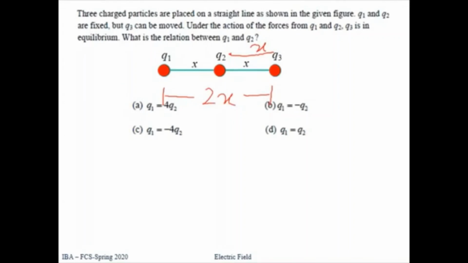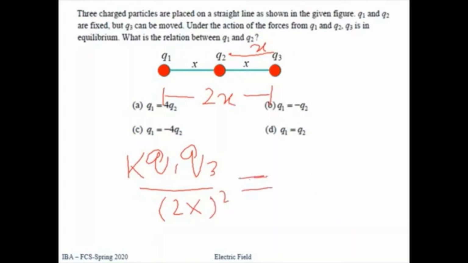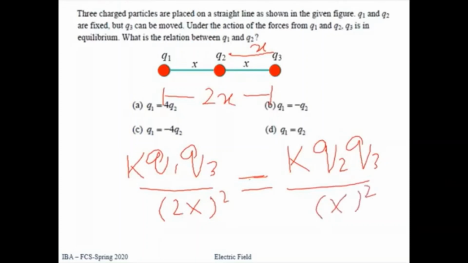So let me write the force between Q1 and Q3: K Q1 Q3 divided by (2x) squared, and that must be equal to the force between Q2 and Q3, which is K constant, Q2 Q3 divided by x squared.